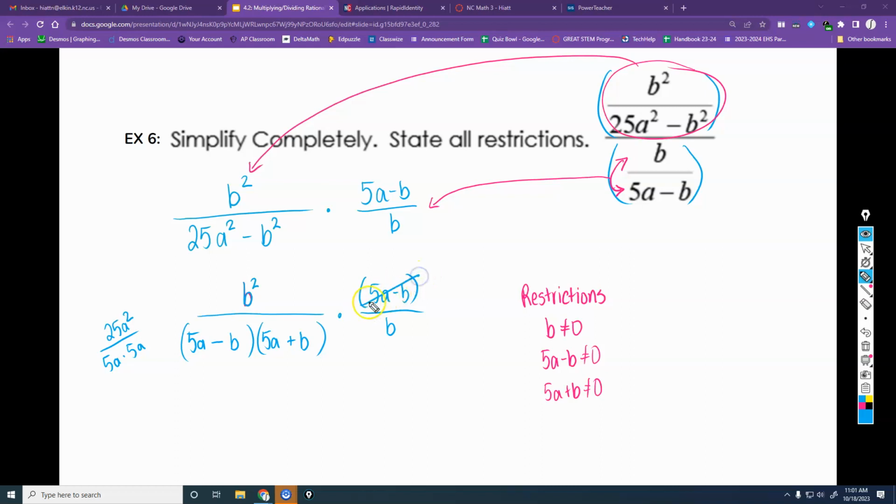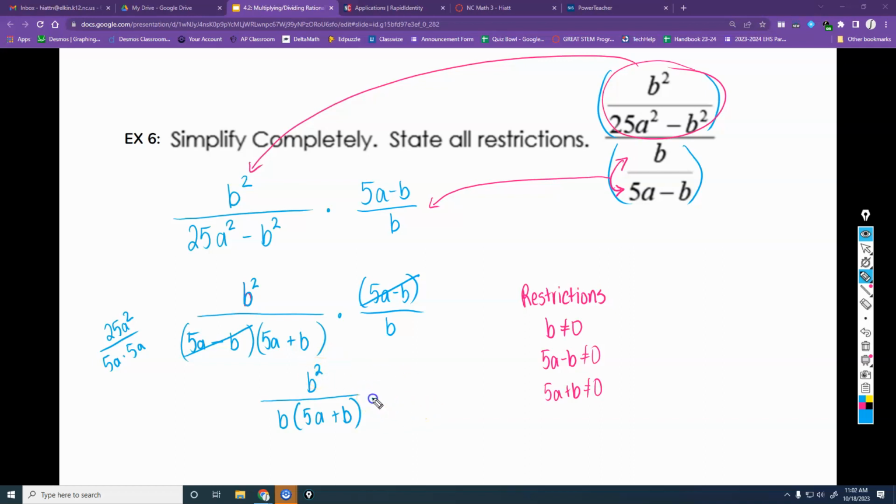I do have one thing that will cancel. That 5a minus b can cancel with 5a minus b here. That will give me b squared over b times 5a plus b. Is there anything else that can reduce? There is, or I would not be pausing so long, right?